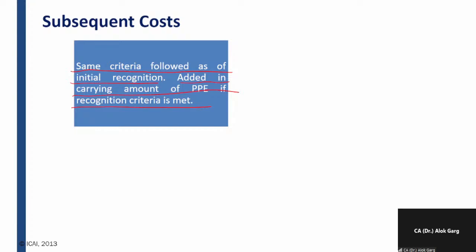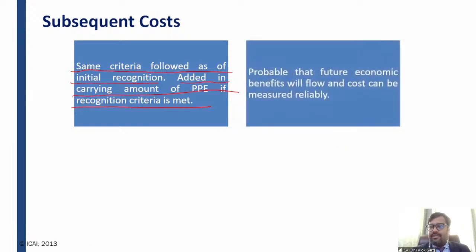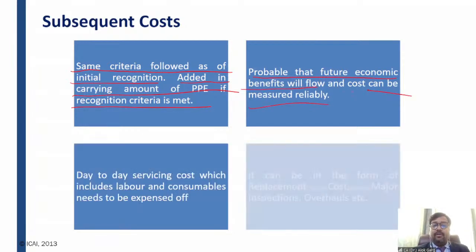Is it clear, friends? So under Ind AS, under IFRS, or even under the revised accounting standard, the same criteria apply for subsequent costs. So what are the recognition criteria for subsequent costs? The same: it is probable that future economic benefit will flow and the cost can be measured reliably.